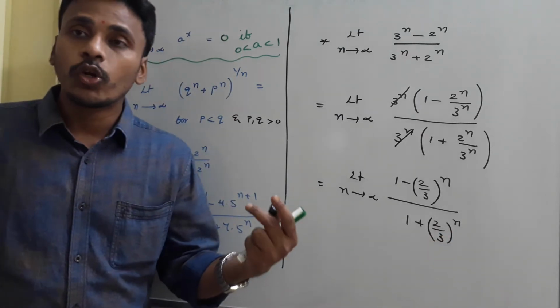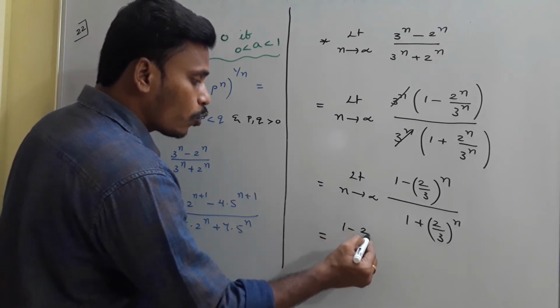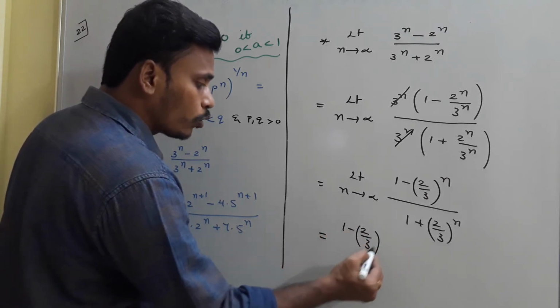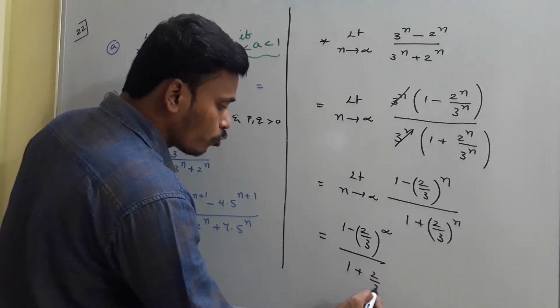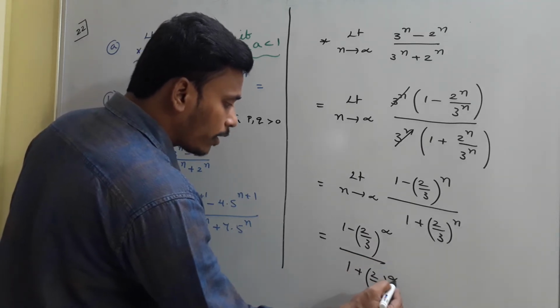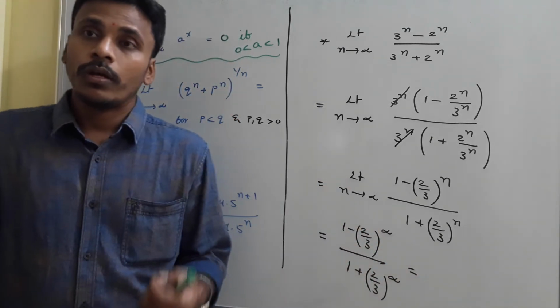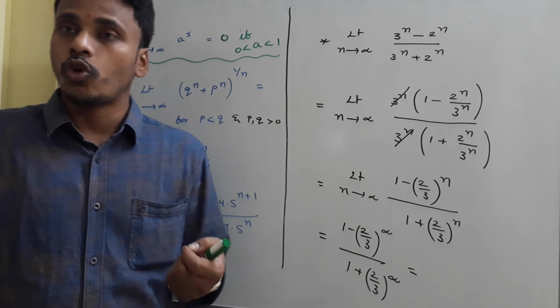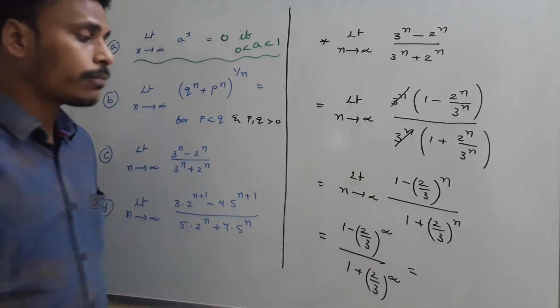As n is tending to infinity, replace n directly with infinity. So 1 minus 2 by 3 to the power infinity divided by 1 plus 2 by 3 to the power infinity. This 2 by 3 is a very small value, a decimal value in between 0 and 1. When you raise its power to infinity, the value becomes 0.